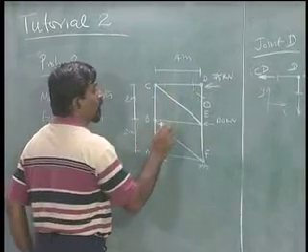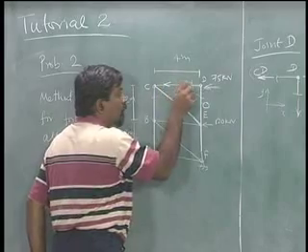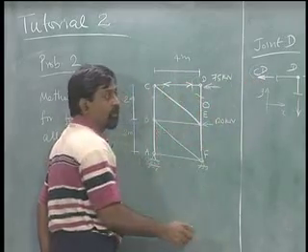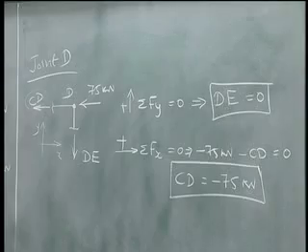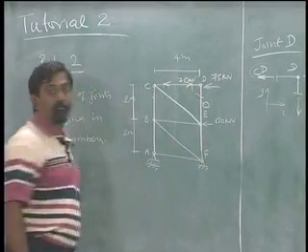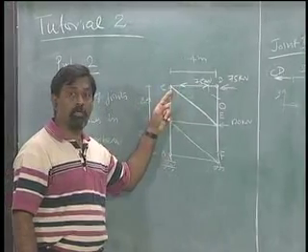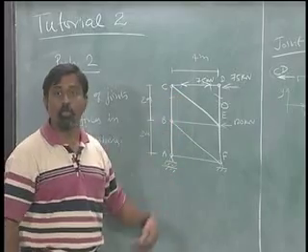How do I mark it over here? This is a direction that is in the opposite direction because this value is negative, and I will use 75 kilonewtons here. Now it is clear because if I take this point, I know what is already known.